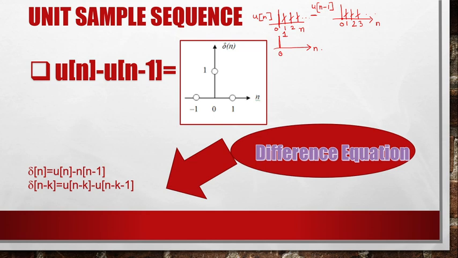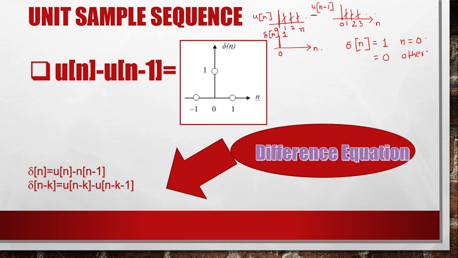We will call it a unit sample sequence, and we will express it with the symbol delta, so delta[n]. It is just like an impulse. Delta[n] equals 1 only at n equal to 0, and it will be 0 otherwise.